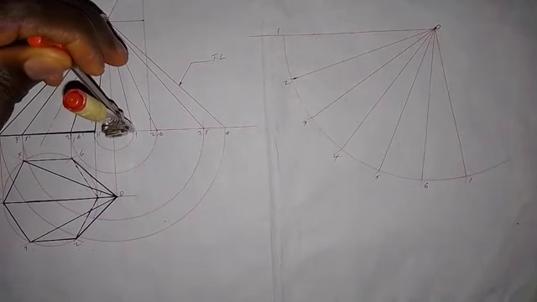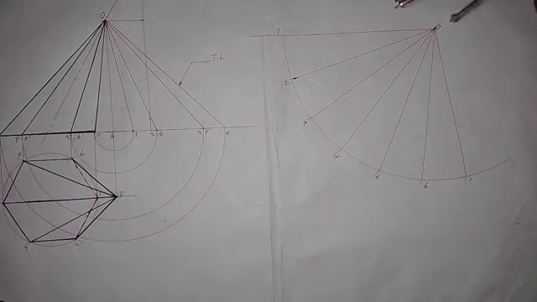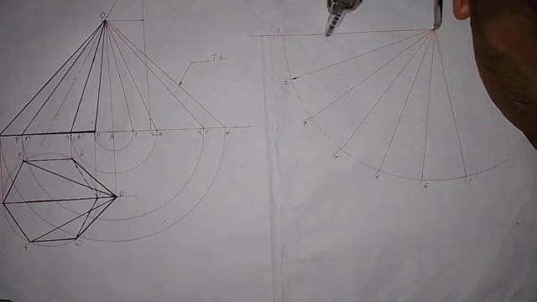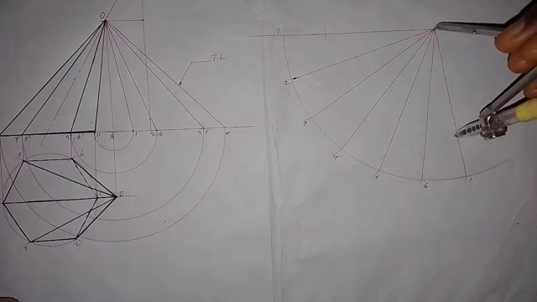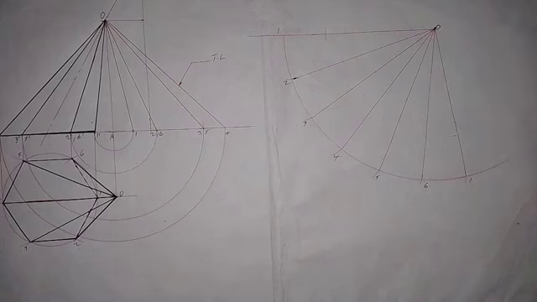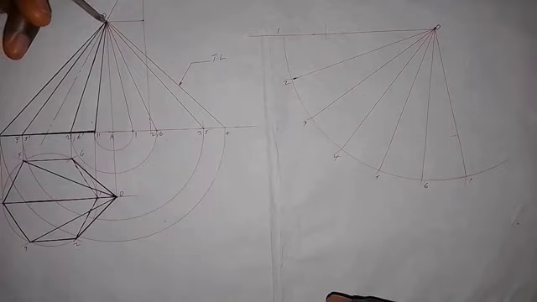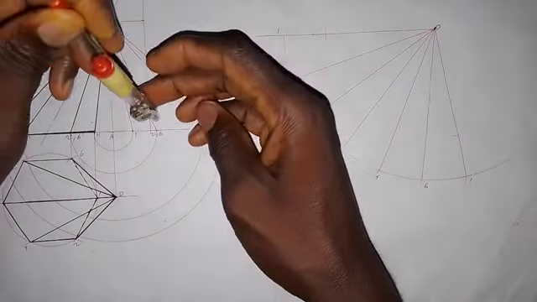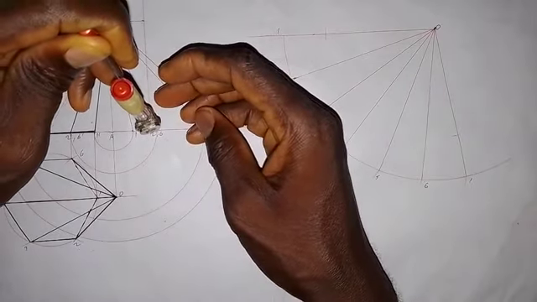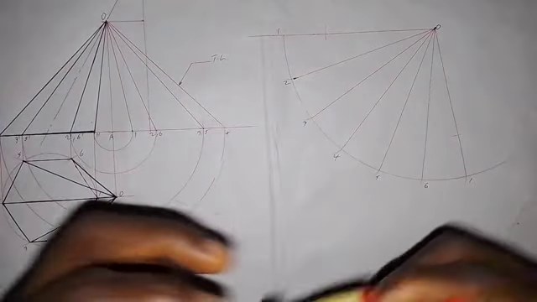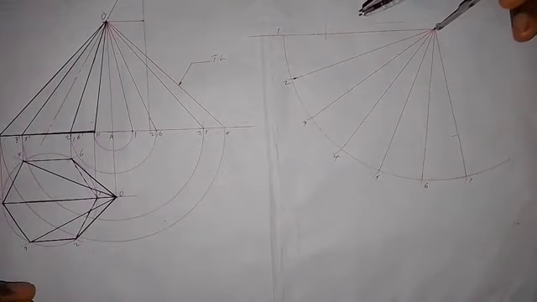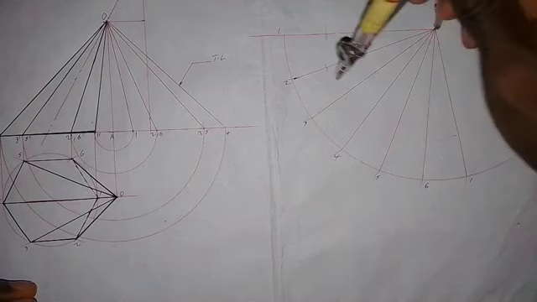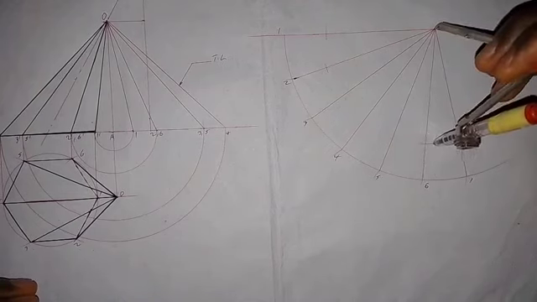So you bring it here, put it at point O here, and you make an arc on line 1 on this side, also on this side here. Then we take true length O2, 6, O2, 2 and 6. So you take this, put it at point O here. So you make an arc here, and also you make an arc on 6 like this.